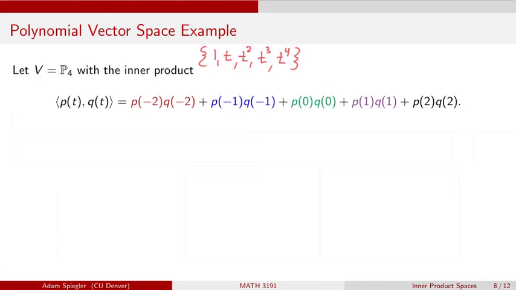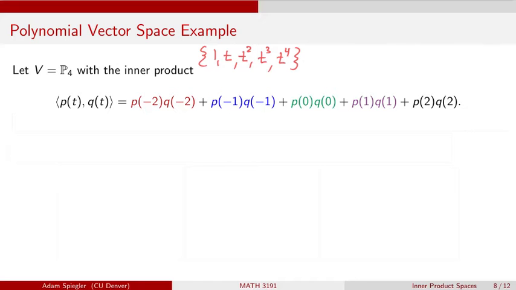Okay, so the example I want to consider is the vector space P4. So we've got the usual addition of vectors and scalar multiplication, but we're going to define the following inner product on P4, similar to the way we defined an inner product earlier on P2, by evaluating these functions p and q, in this case at 5 different values: at -2, -1, 0, 1, and 2.